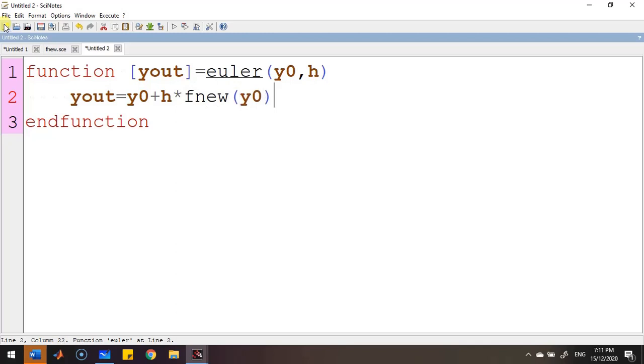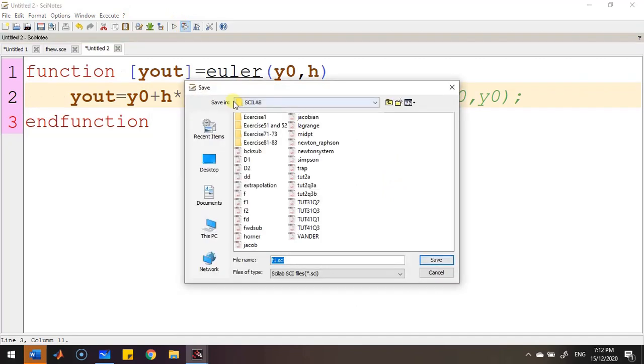Now for simplicity, the Euler method should actually be y naught plus h times f x naught y naught, right? I'm not going to consider x here. I don't want to consider x, so I'm just going to write it in terms of y here. Okay, save it now. So you have Euler.